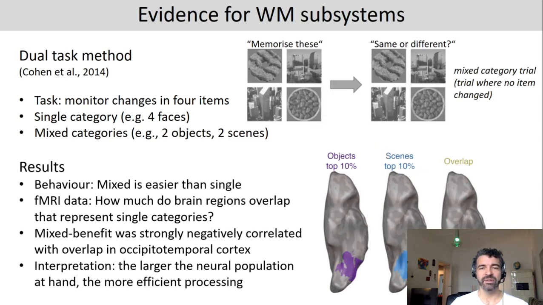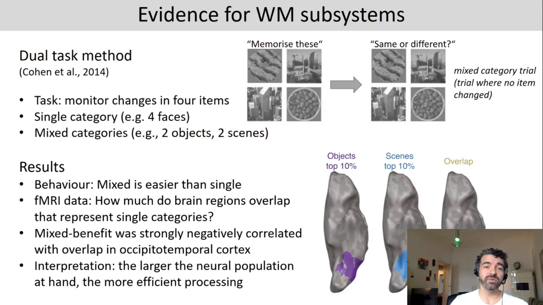And in yellow here you can see the overlap. Now the interesting finding was that the mixed benefit, so how much better you were for mixed than for single category trials, that benefit was strongly negatively correlated with the overlap in this brain area, the occipitotemporal cortex. So that means if you were particularly good in the mixed category trials compared to the single category trials, then your overlap was relatively small.